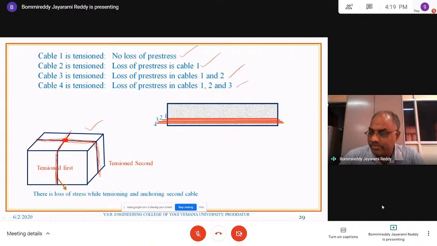You can imagine that if you put a rope on one side of a box, it gets tightened. If you put the same type of rope on the other side and tighten again, it will definitely release the stress in the first one. So it will be the same case.